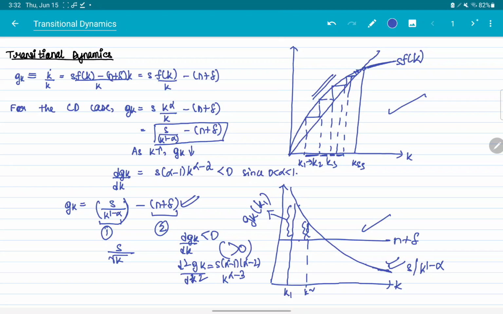So the proof probably has something to do with the curvature of f(k), and you can probably try it yourself before you take a look at this. All right, so g of k is equal to s f(k) by k minus (n plus delta).